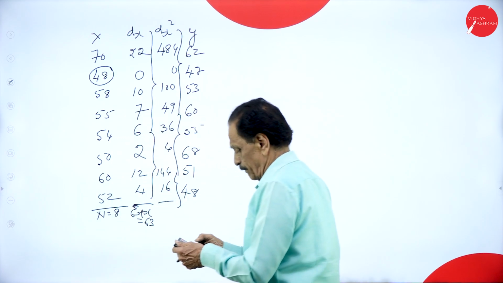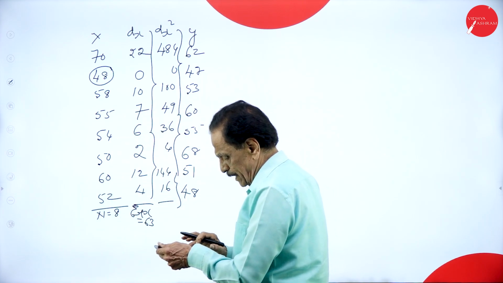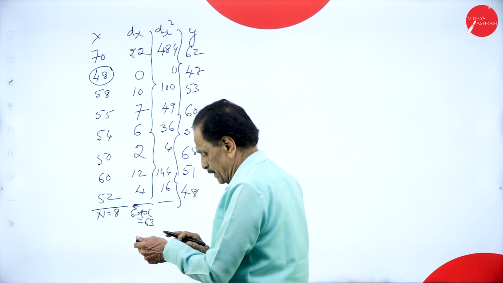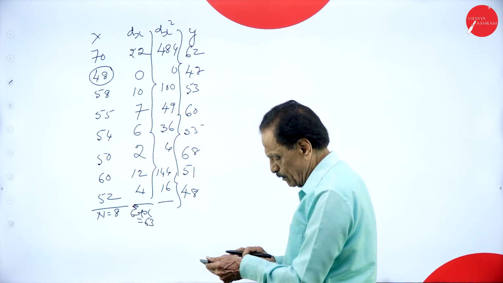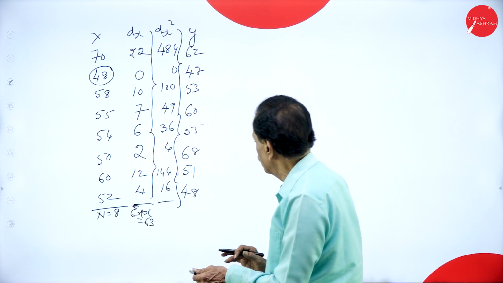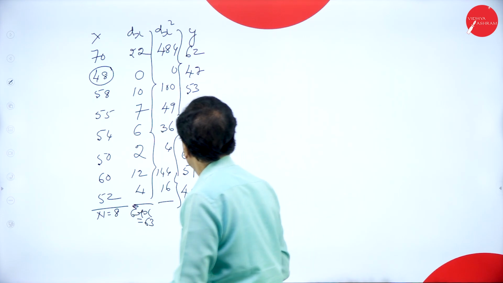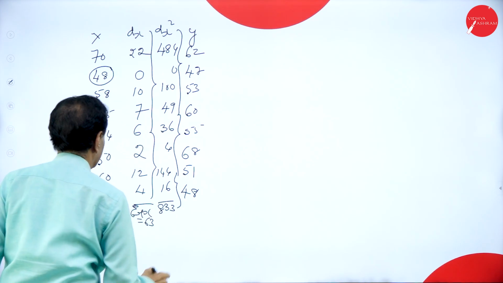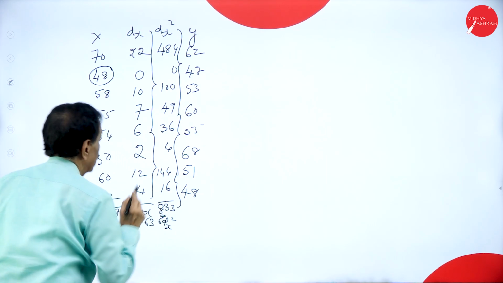Add the figures: 484 plus 100 plus 49 plus 36 plus 4 plus 144 plus 16 is 833. This is sigma dx square.